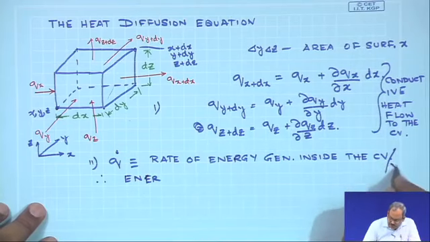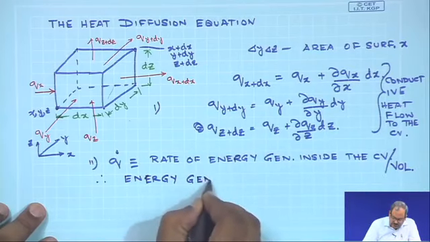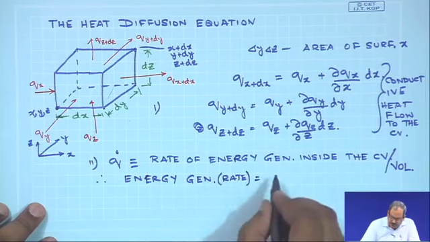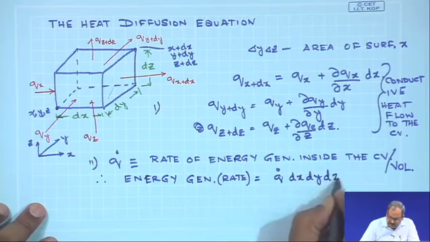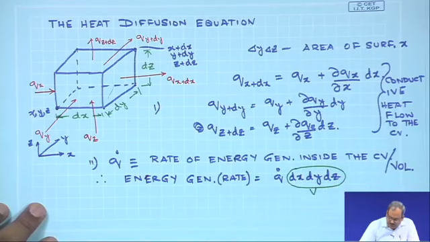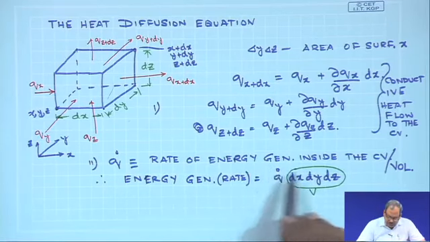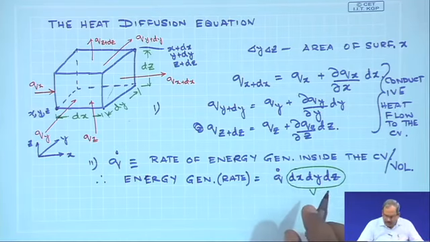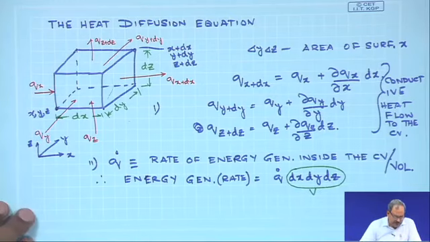So, the total amount of energy generation, this q dot is per unit volume. So, the energy generation rate must be equal to q dot times dx dy dz, because together this is going to be the volume. Therefore, if q dot is the rate of energy generated per unit volume, then the total rate of energy generation would simply be equal to q dot times dx dy dz.